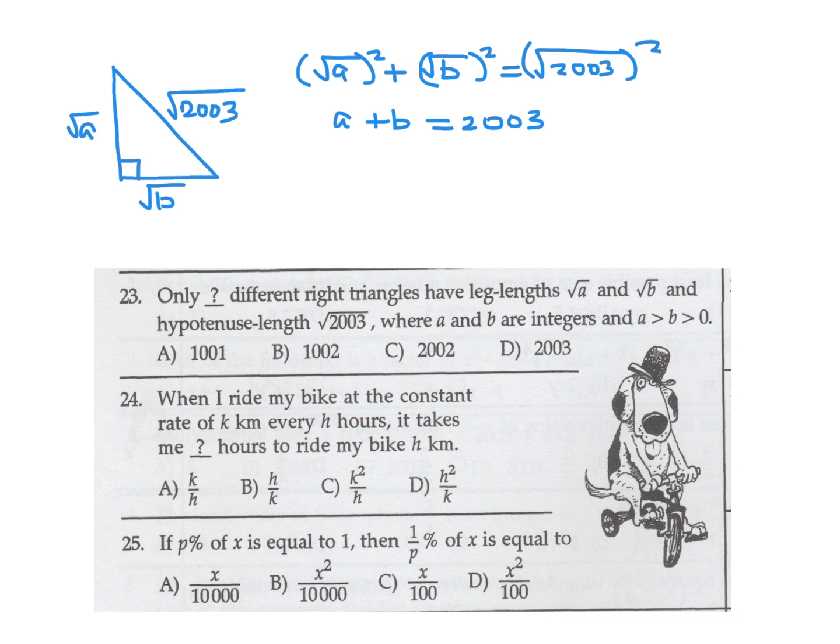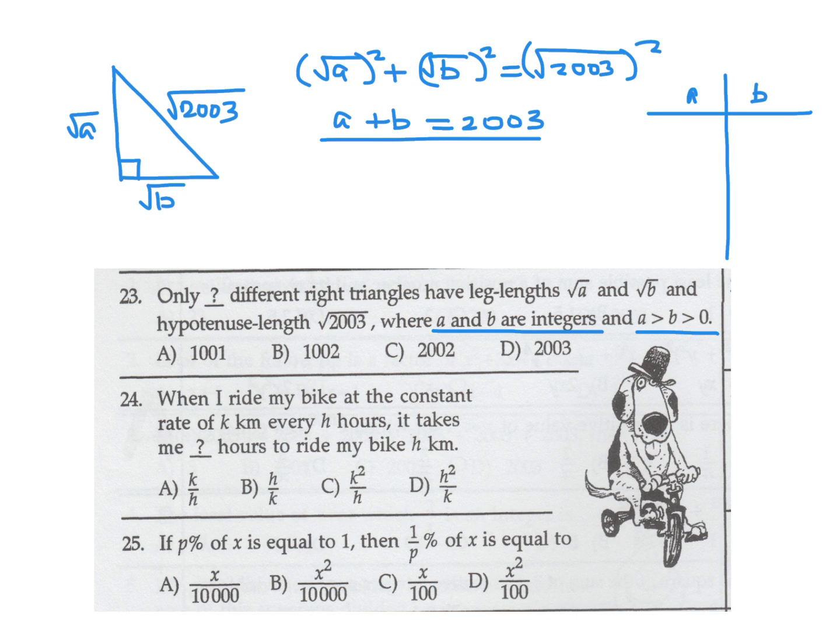So we have to always abide by this rule, keeping in mind that they are integers and that A is greater than B is greater than 0. Okay, so let's make a table here. A and B. A is the biggest one, right?